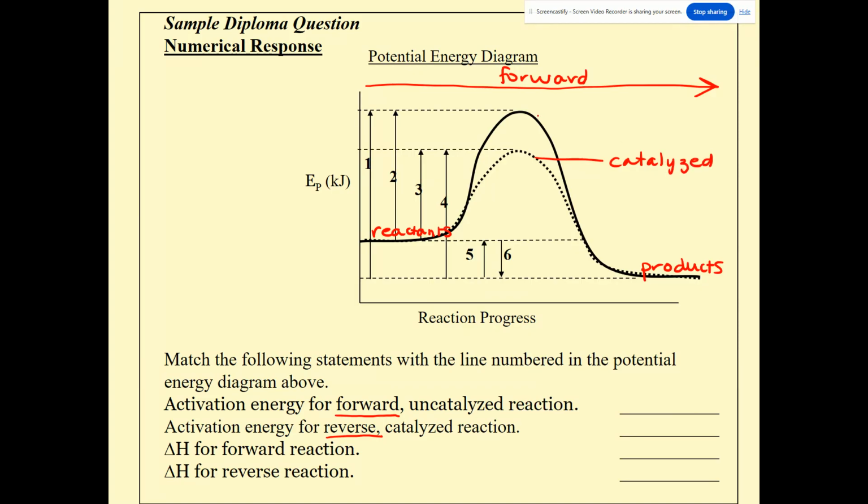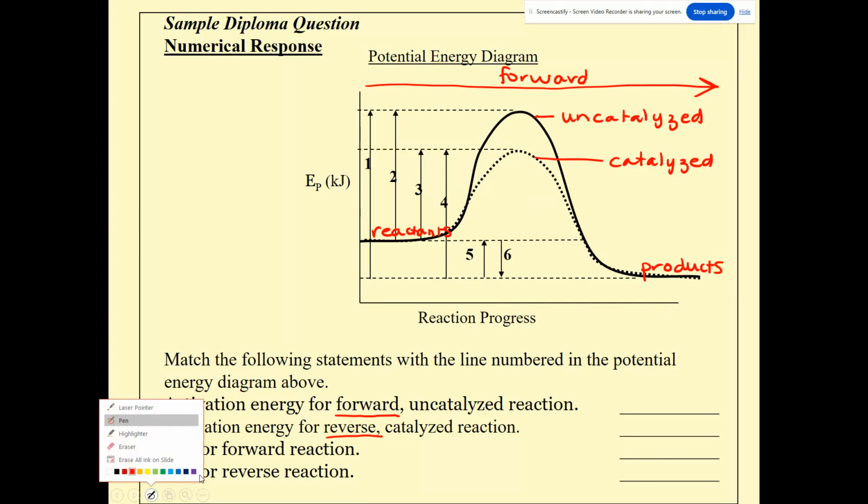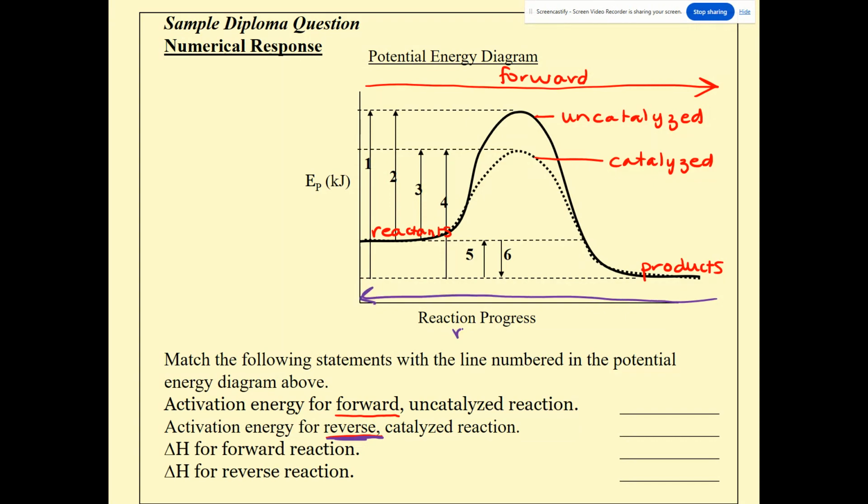This is the uncatalyzed. The reverse process, I'm actually going to make it a different color. The reverse process reads the graph backwards, flips the reaction. So these become my reactants and these become my products. So you have to read these questions very carefully.